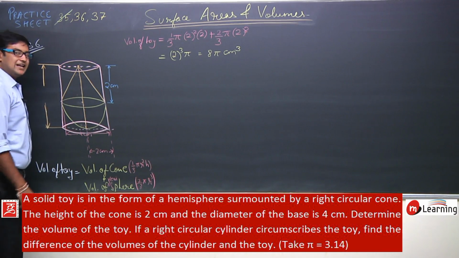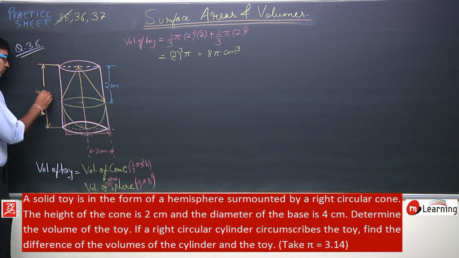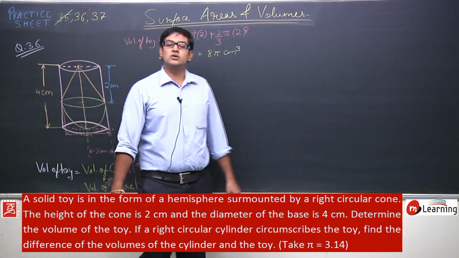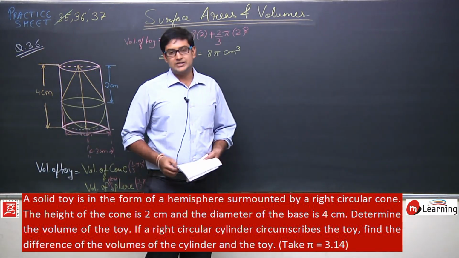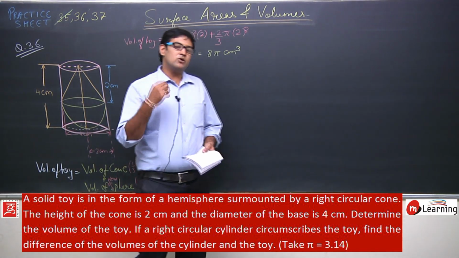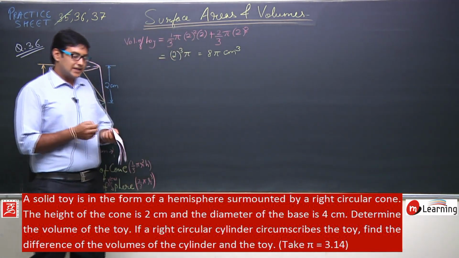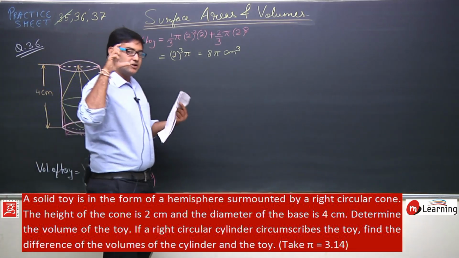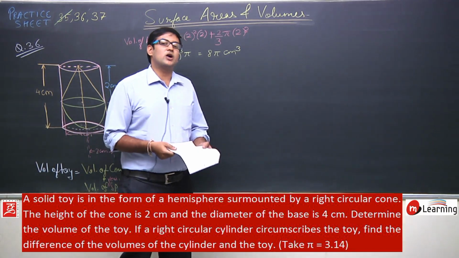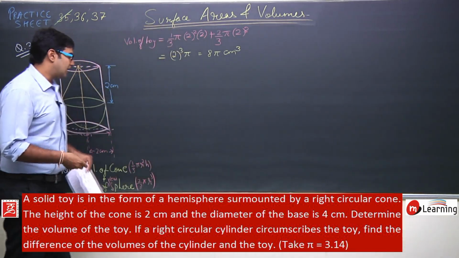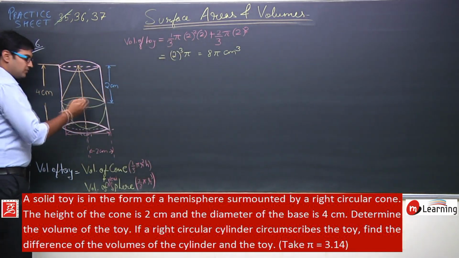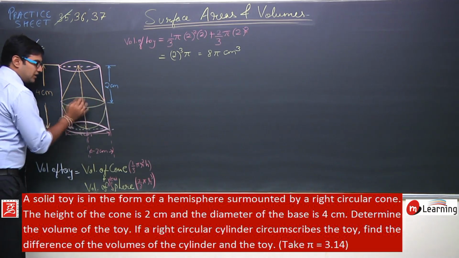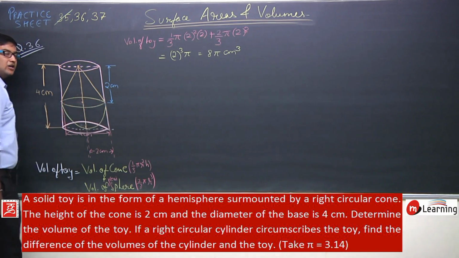So definitely the height of the cylinder is also equal to 4 centimeters. Okay, so we have the height of the cylinder as 4 centimeters. Now what about the radius of the cylinder? I can see in the diagram that the cylinder is just fitted above this toy. So what I can say is that the boundary of the cylinder is touching the boundaries of this particular toy.